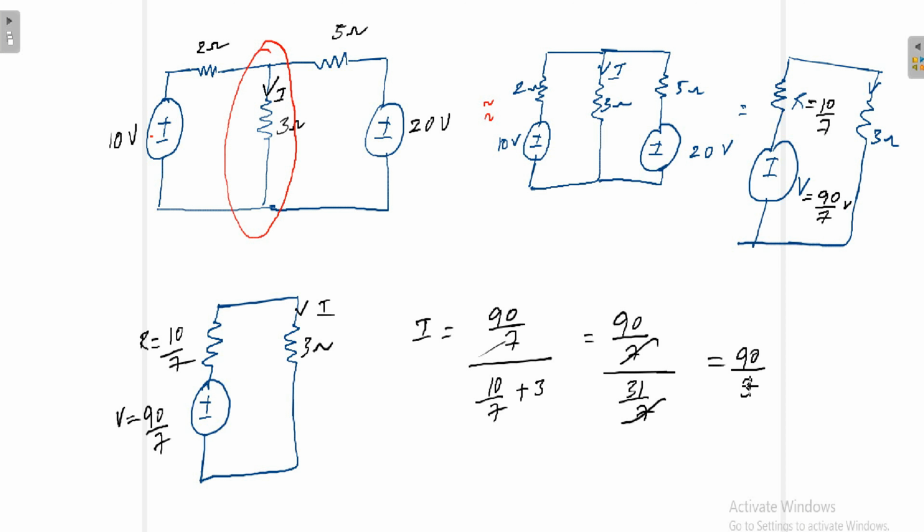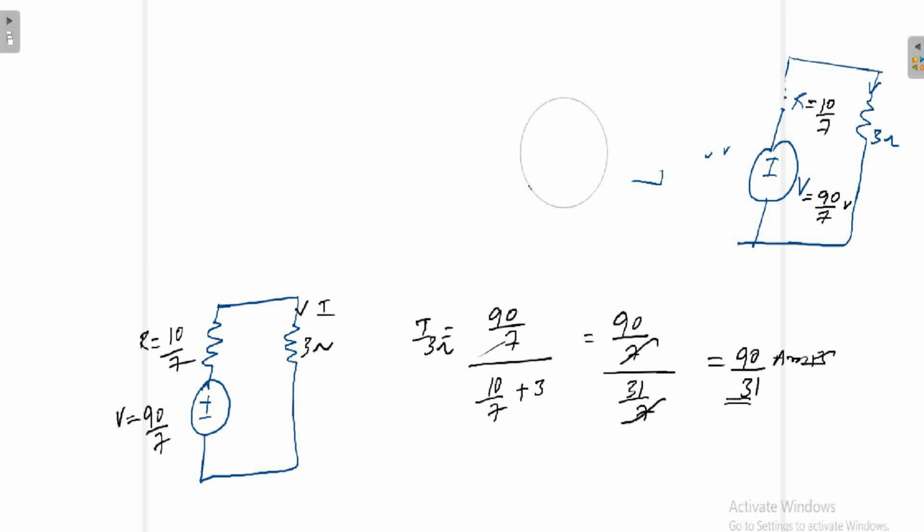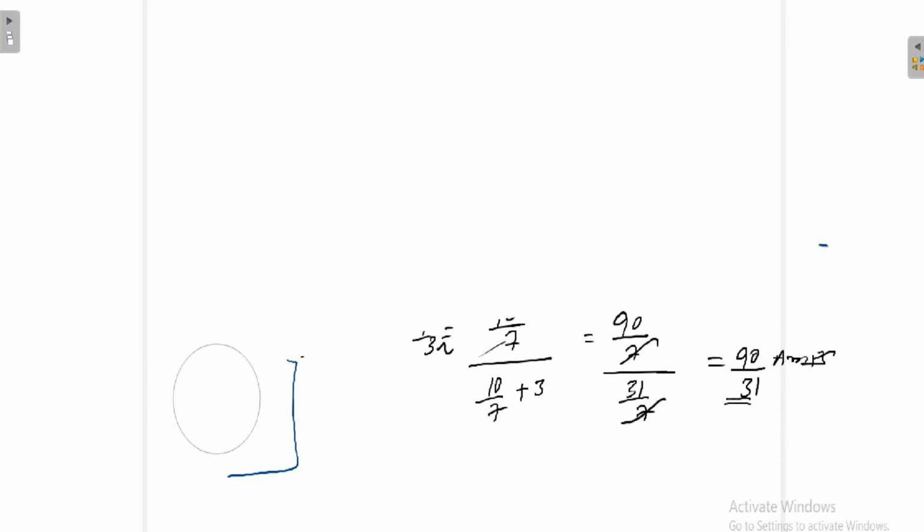So this is the current flowing through this 3 ohms, that is 90 by 31 amps. Like this we have to apply Millman's theorem to find voltages or currents. If you know the current, it is possible to find the voltage. If you know the voltage, it is possible to find your current also.